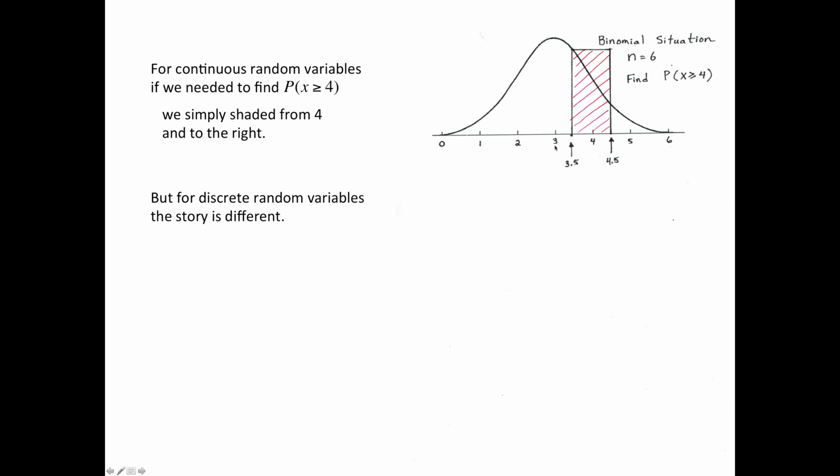Here's the possibility of owning 3 shoes, and here's the possibility of owning 4 shoes. So there has to be a dividing line between those, and that's what this 3.5 is. Likewise over here, here's owning 4 shoes, here's owning 5 shoes. There's got to be a bar dividing those two. It's at 4.5. Those decimals, 3.5 and 4.5, are called continuity corrections.